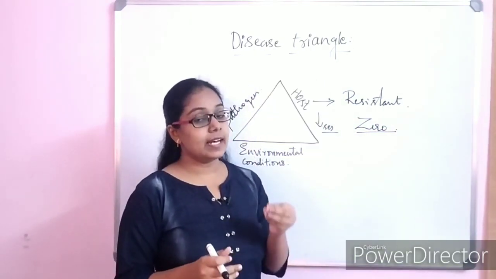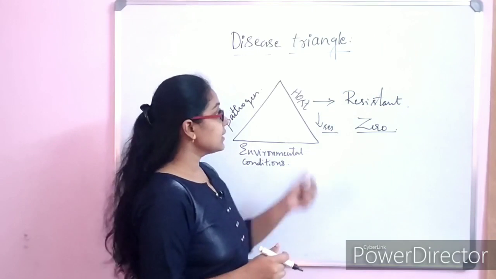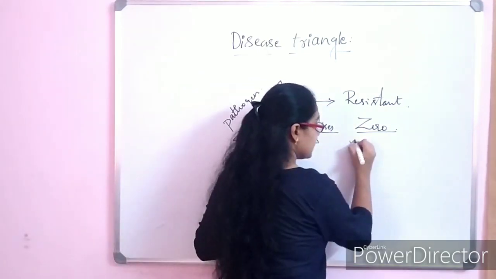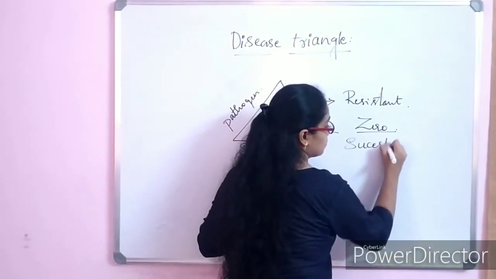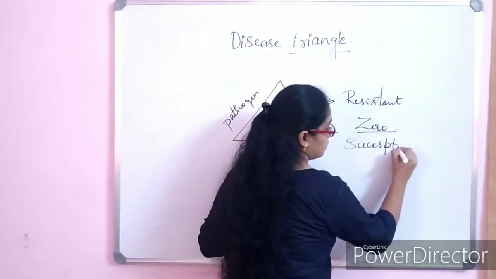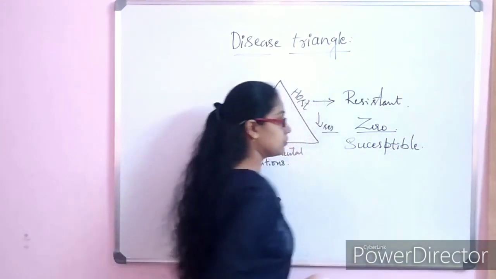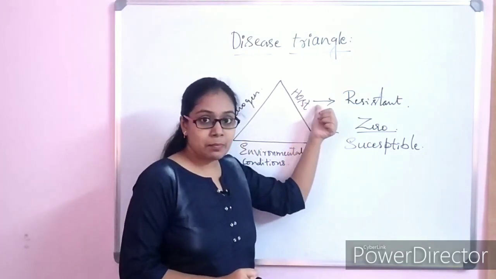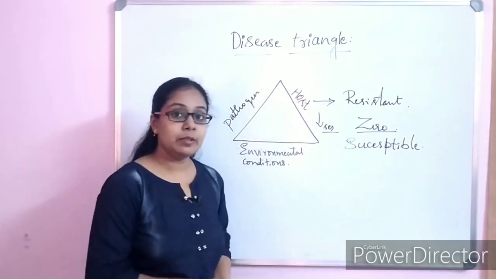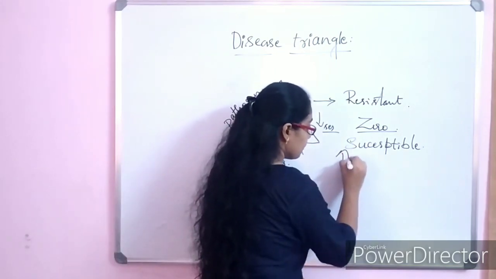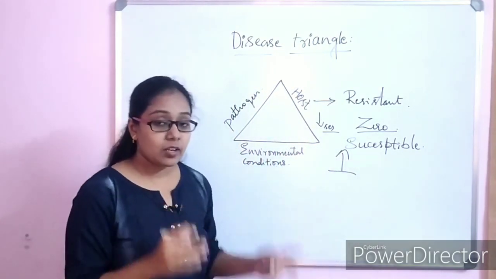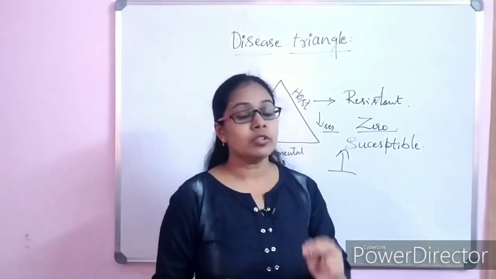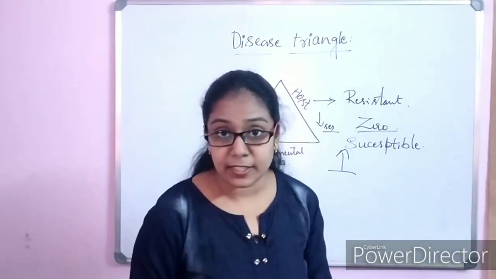Also, you can see another variation in the host plant, that is if the host plant is susceptible. If you see the susceptible nature in the host plants, this host side will become longer, it increases, and also the potential amount of disease is seen.